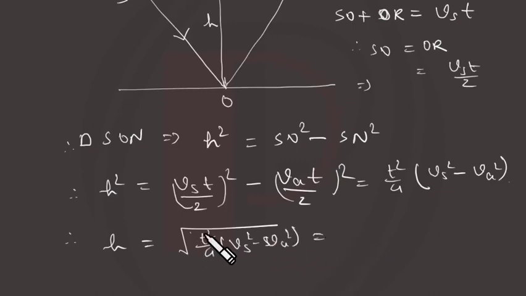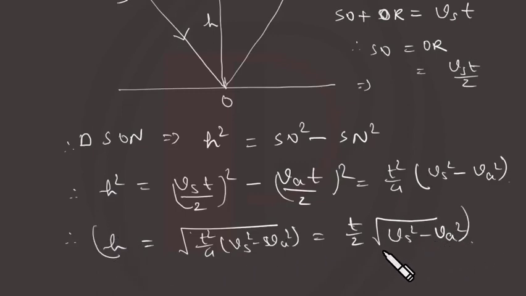Taking t square by 4 out of the square root, it becomes t by 2 root over Vs square minus Va square. That's the formula for the height of an aeroplane moving with velocity Va, considering the velocity of sound Vs constant throughout the medium. So that's how you can find the height of an aeroplane.